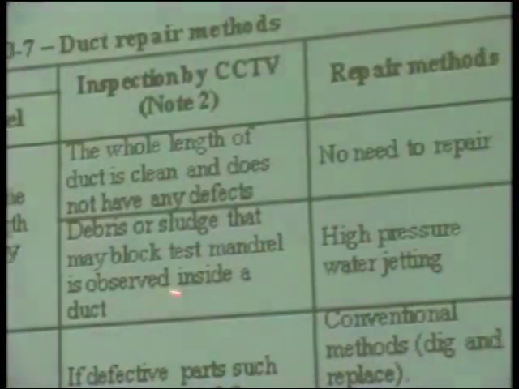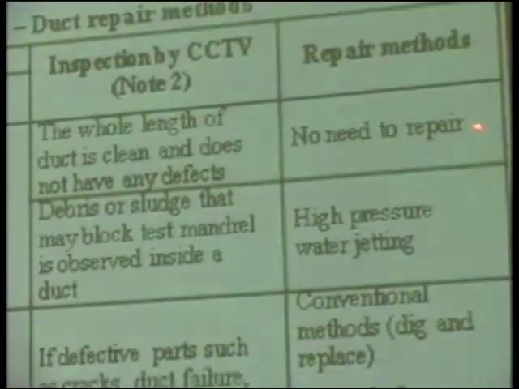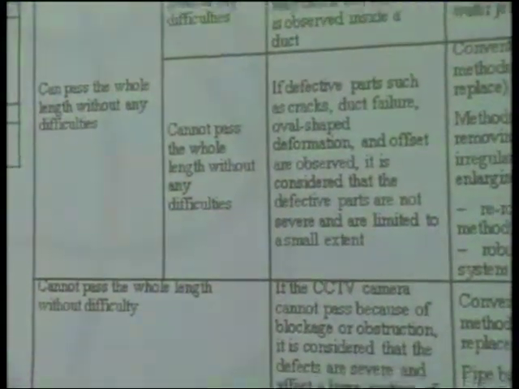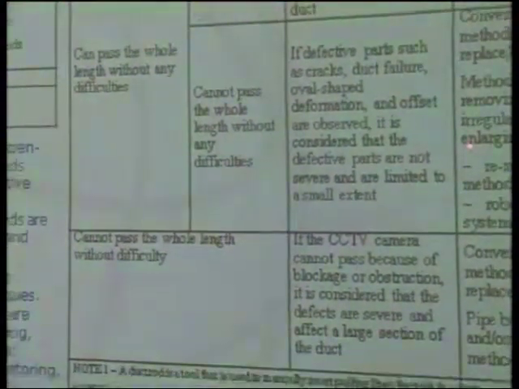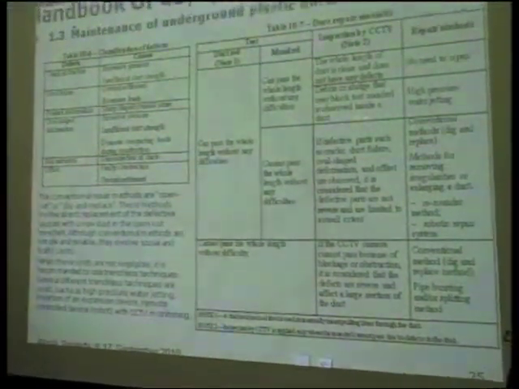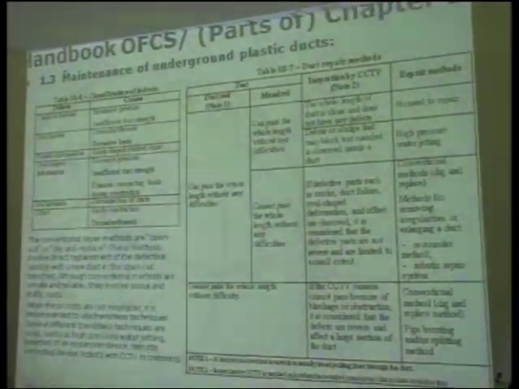Depending on the case, we understand there is no need for repair, or the use of high pressure water jetting is the best way to deal with the situation if the defect is more related to debris or sludge, or it's easy to clean.